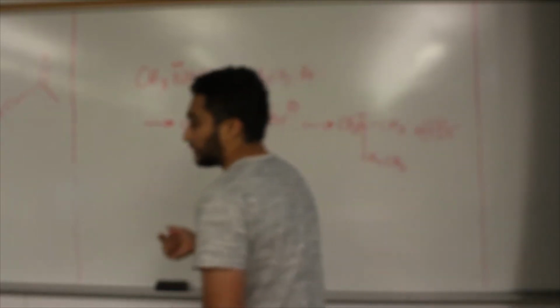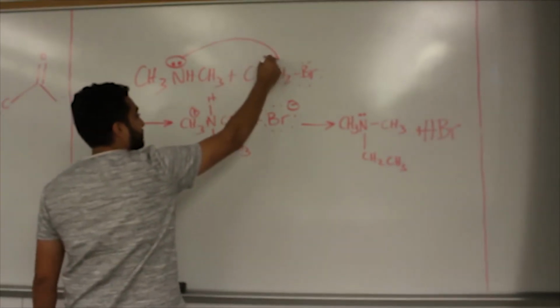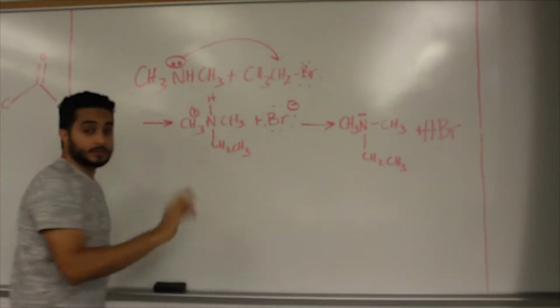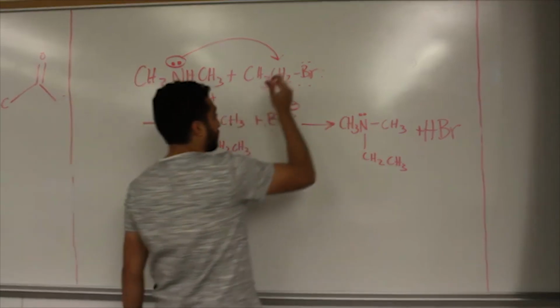So the important thing with this is to know that the lone pairs over here are going to come onto this carbon that's connected to that bromine, okay? You have to show that. And having shown that, with that mechanistic arrow attacking that carbon, the bromine will leave that carbon.